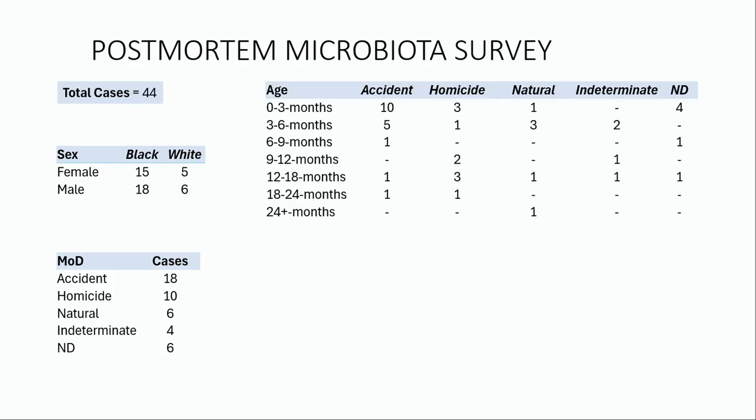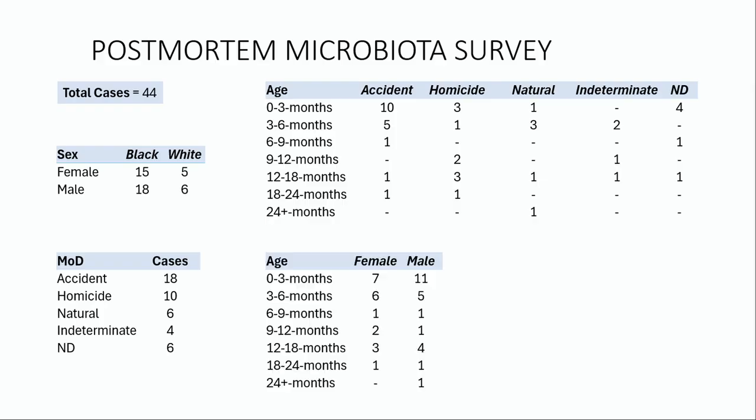causes of death. Now, I know these are not fun to look at, but for those who are interested in terms of age structure, this is how it breaks down in terms of the manner of death as well. We have a lot of cases under the age of that 6-month range, so that's primarily what I'm going to focus on when I talk about a couple of different results in just a minute.